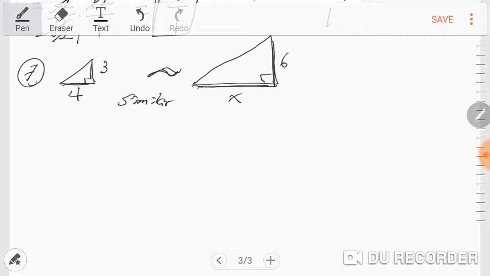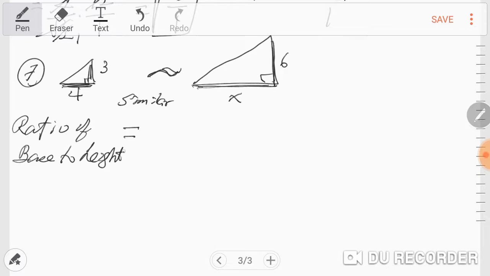So let's write an equation using a proportion. I will use the ratio of the base to the height of the smaller triangle, which should be equal to the ratio of the base to the height of the larger triangle.